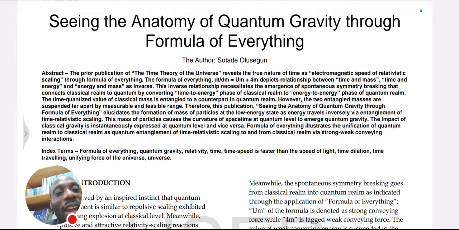The formula of everything, TDM equal to capital UM plus 4M, depicts the relationship between time and mass, and time and energy and mass as inverse. This inverse relationship necessitates the emergence of spontaneous symmetry breaking that connects the classical realm to the quantum by converting the time to energy phase of the classical realm to the energy phase of the quantum realm.